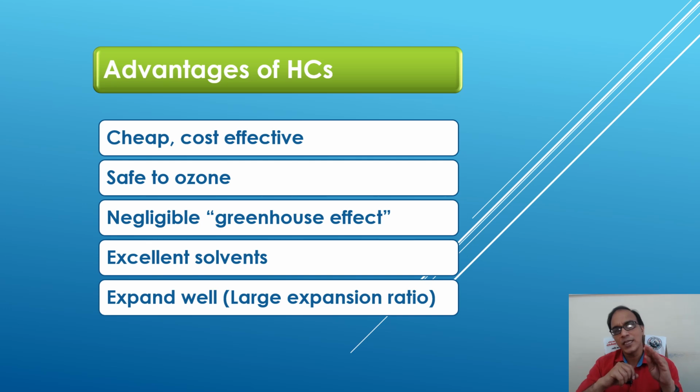Because when we are spraying, a spray must have a good expansion ratio when it is coming out of that nozzle, so that spreading may be more and more. This is a beneficial feature of hydrocarbons.